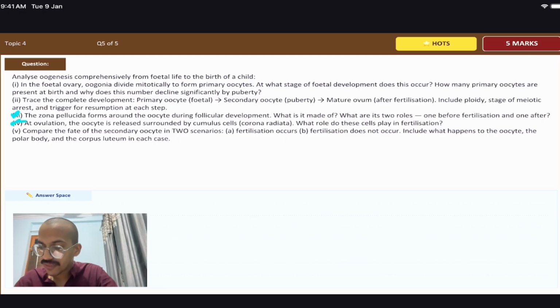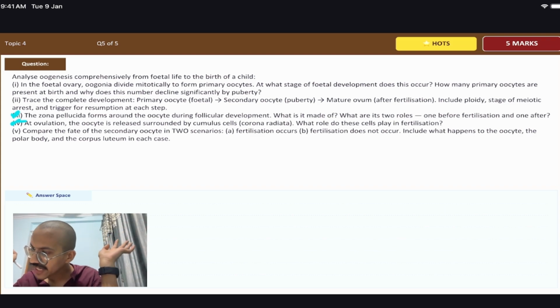Next, compare the fate of the secondary oocyte in the two situations: fertilization occurs and fertilization does not. If fertilization occurs, it will change into a zygote, then go through cleavage divisions to form the morula and blastula, and get implanted. But if fertilization does not occur, the cilia of the fallopian tubes propel it towards the uterus and finally it comes out with the menstrual flow, or can even degenerate at that point itself.